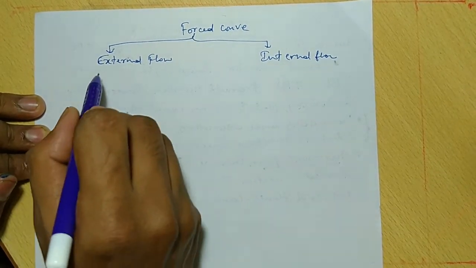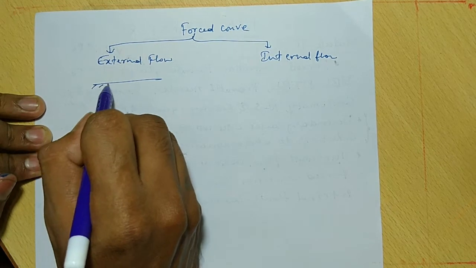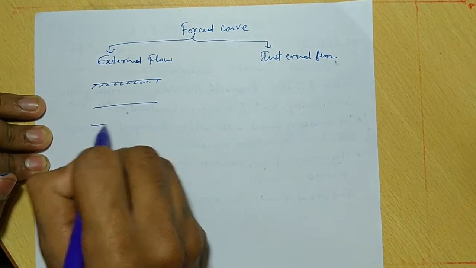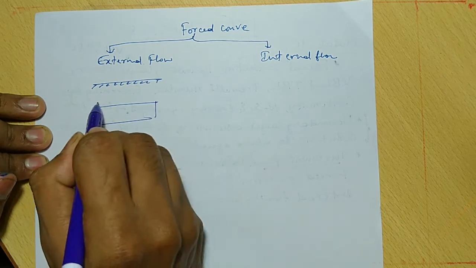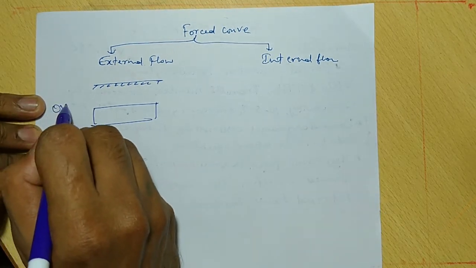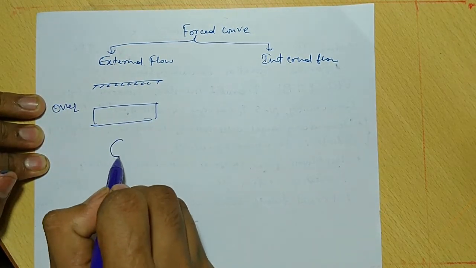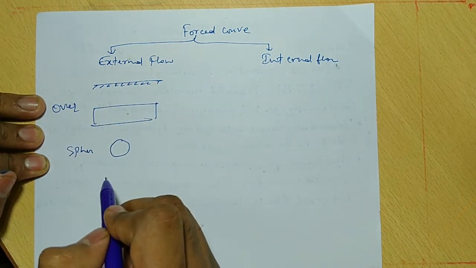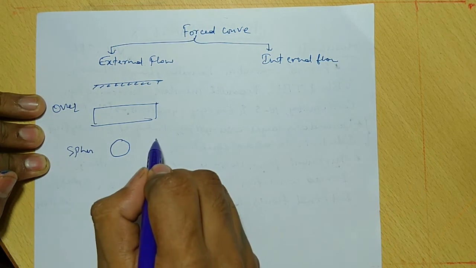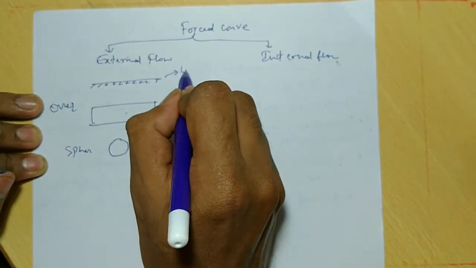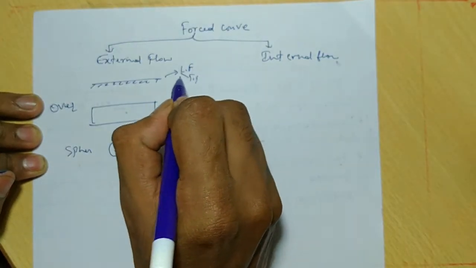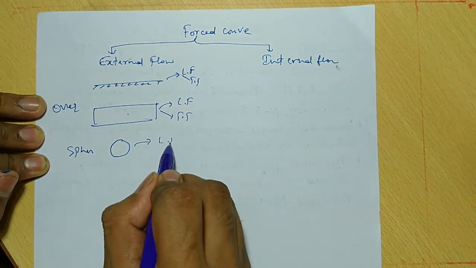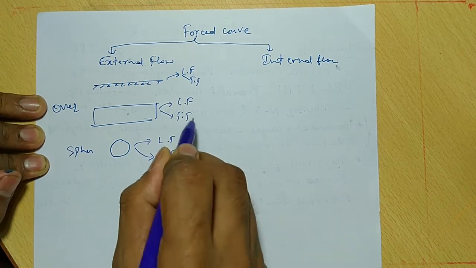Here flow over the flat surface, flow over the cylinders, and flow over the spheres. Different conditions will be there, whether it is laminar flow or turbulent flow; in each case laminar flow, turbulent flow.